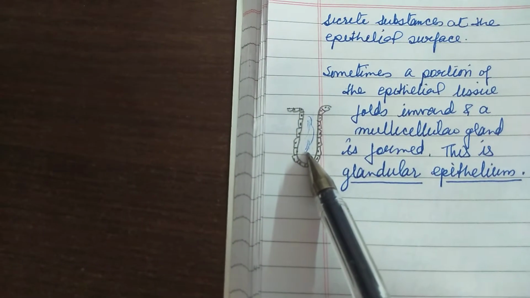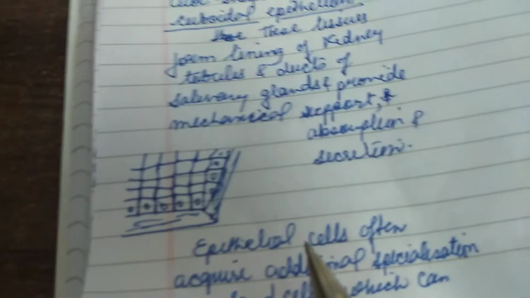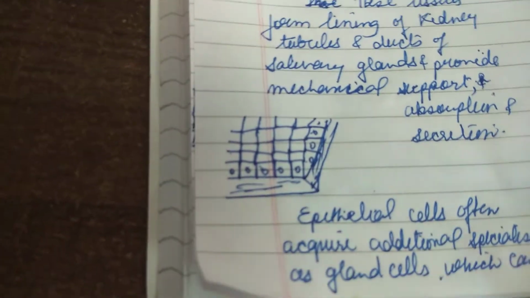If a single cell forms into a gland, this is called a unicellular gland. But at times a portion of epithelium folds inward and a multicellular gland is formed. This is called glandular epithelium. So these are the specializations of epithelial tissue. The epithelial cells often acquire additional specialization as gland cells, right?